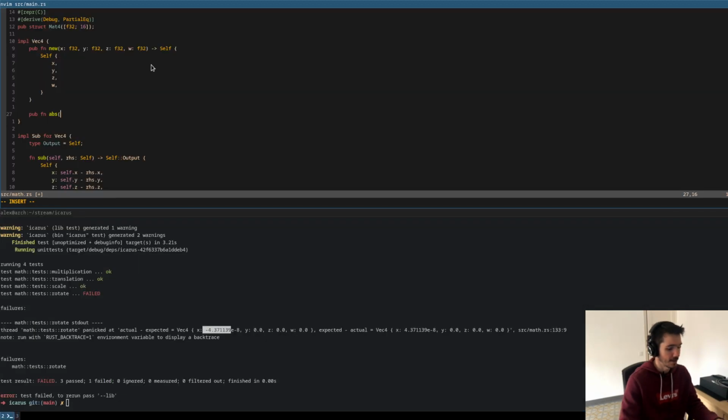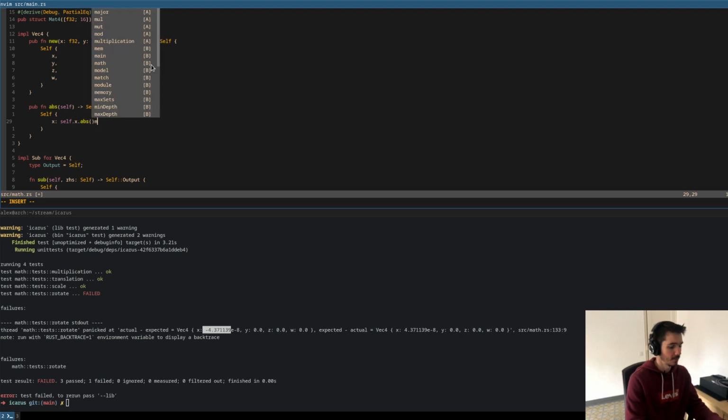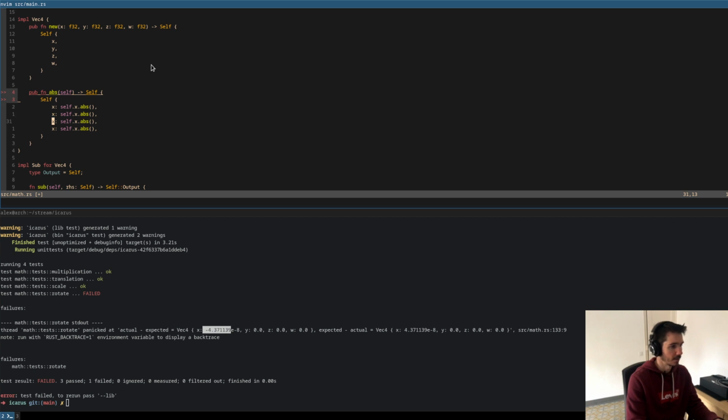So it takes self and returns self, and then just x is equal to self.x.abs, and the same for the other coordinates. So y, z, w.